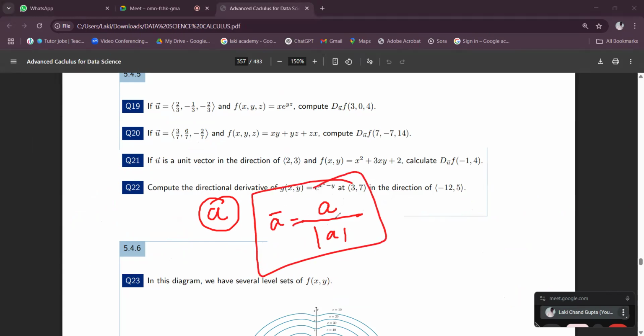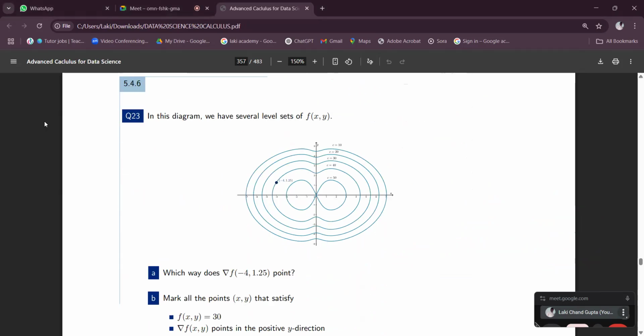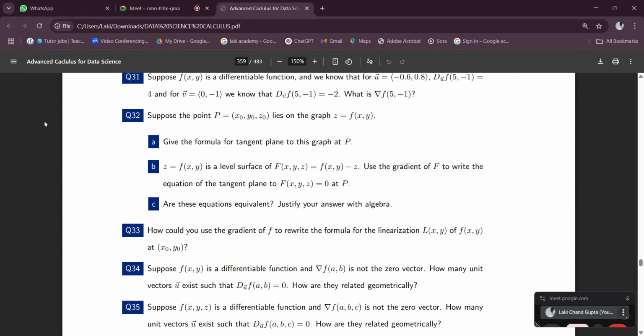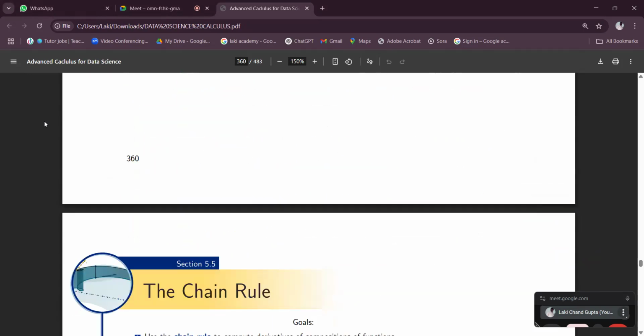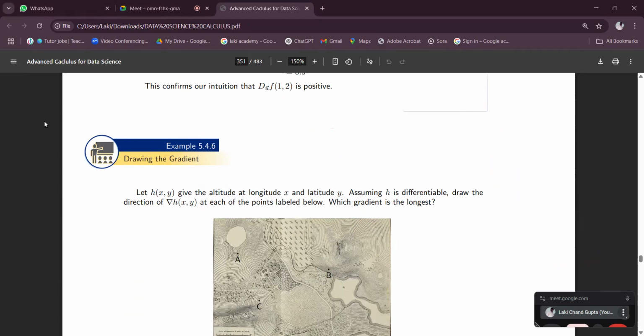And the modulus is going to be the square root of, let's suppose A is (a1, a2, a3), a1 squared plus a2 squared plus a3 squared, right? Understood? The same question. See this figure.